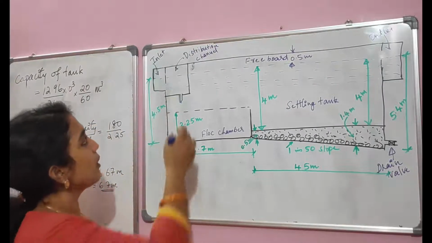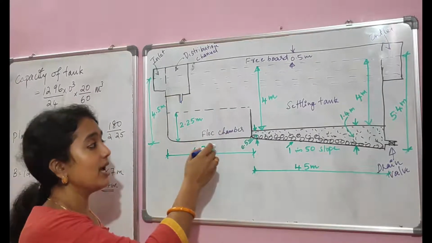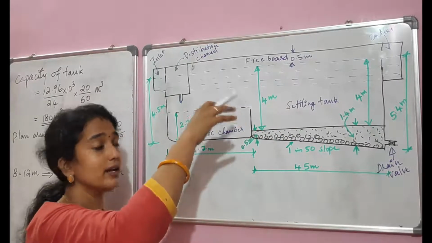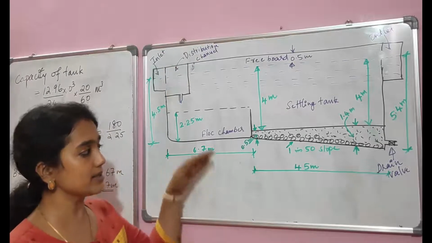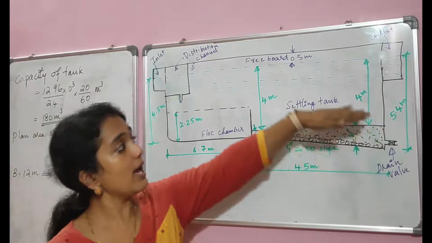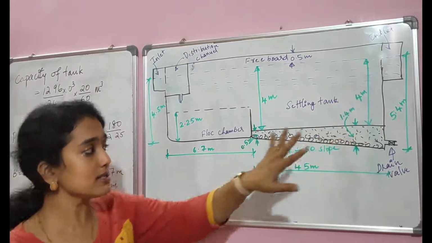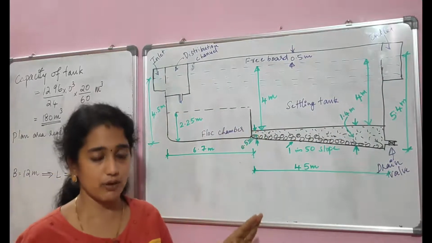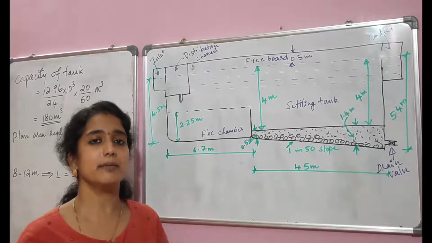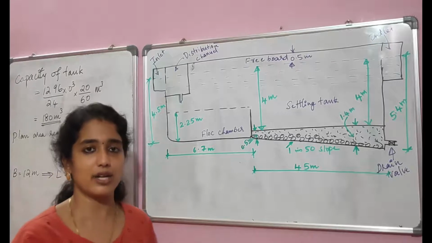And the water enters the floc chamber where the flocs are formed, and from this the water enters the settling tank where the flocs are deposited, that is the sediments are deposited, and the sediments are collected through this drain wall, and the purified water is collected through the outlet. This is the basic schematic representation of the sedimentation cum coagulation tank.